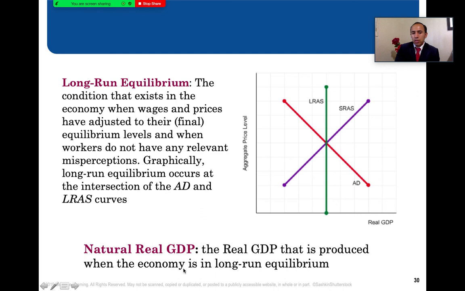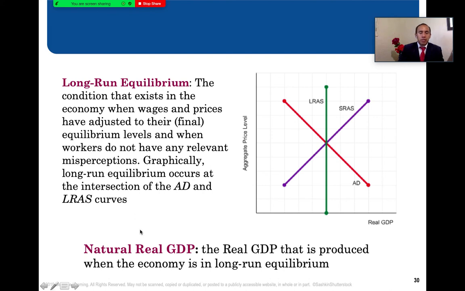The natural level of GDP is when the economy is in long-run equilibrium and short-run equilibrium at the same time, meaning that the economy is operating within its full productive capacities, in its short-term and long-term capabilities. It is neither over-operating nor under-operating. We have the long-term capabilities, illustrated by the vertical long-run curve, consistent with the short-term capabilities of the market.